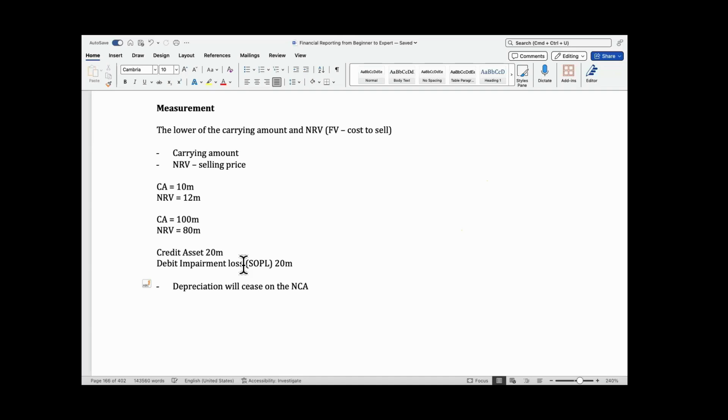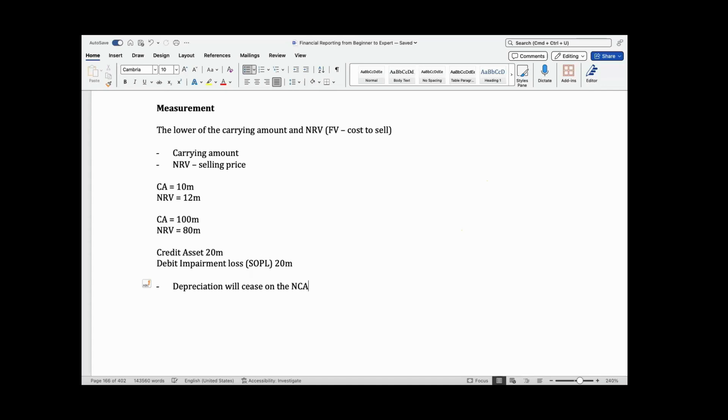You would debit OCI to the extent of that previous surplus, just to net off that surplus. If you have any excess, then that can go to P&L as an impairment loss. So that principle always applies. It will always come up if that is the situation we find ourselves in.